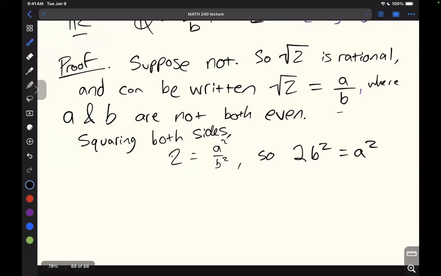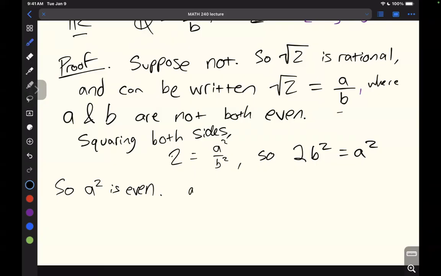And a squared is 2 times something. So that tells us that a squared is even. So a squared is even. That's nice. Out of curiosity, if a squared is even, what does that tell us about a? So let's see.